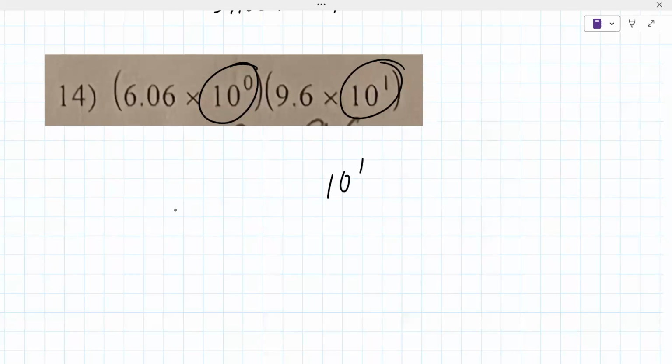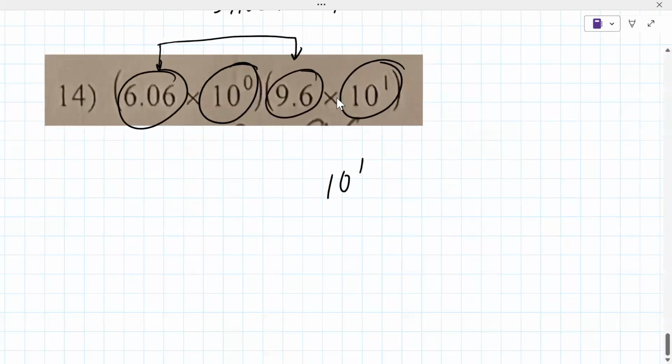This is 10 to the 1, and then you've got to multiply the two numbers together here. 58.176.